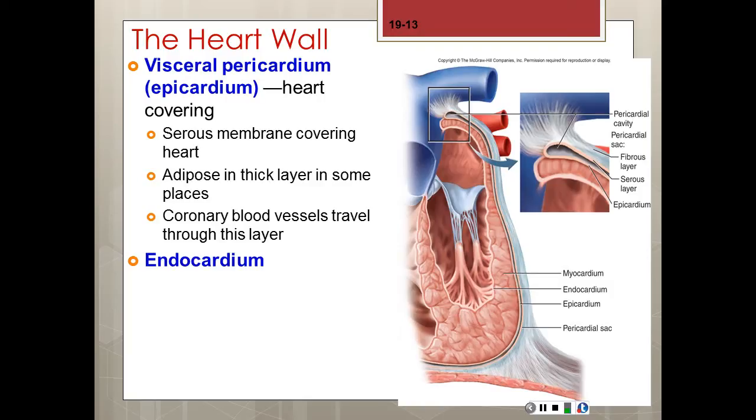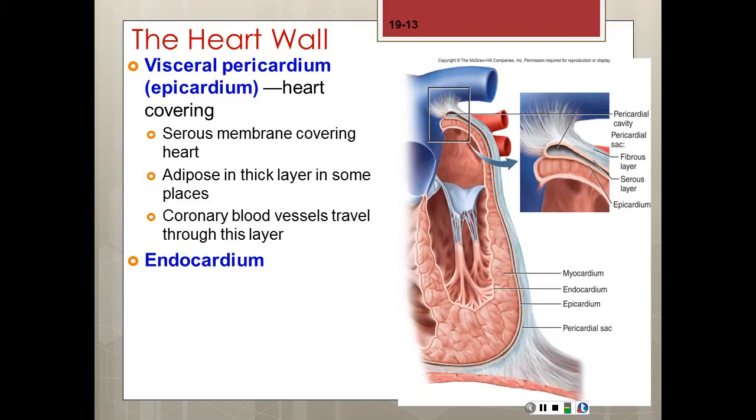Let's move on. The epicardium, which is also called the visceral pericardium, is a serous membrane on the heart surface. It's mainly simple squamous epithelium overlaying a thin layer of areolar tissue.